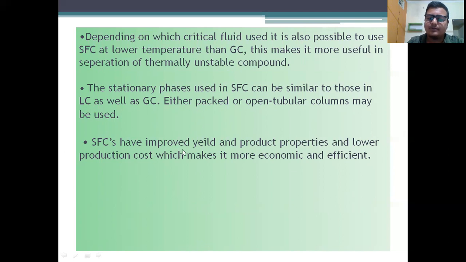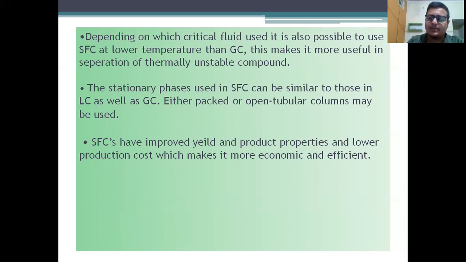So supercritical fluids have improved yield, better product properties, and lower production cost, which makes them more economic and efficient. Supercritical fluids have improved yield compared to gas and liquid chromatography because they offer a wide range of selections. We can select anything we want in terms of detectors, we can alter the retention times based on our choice, and we can use any kind of column.